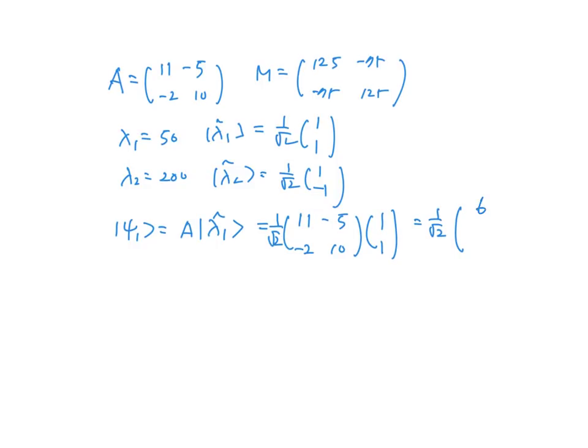Minus 2 plus 10 is 8. And E1 is defined as square root of lambda 1 psi 1, right? So, which is square root of 2, square root of 50, 6 over 8.